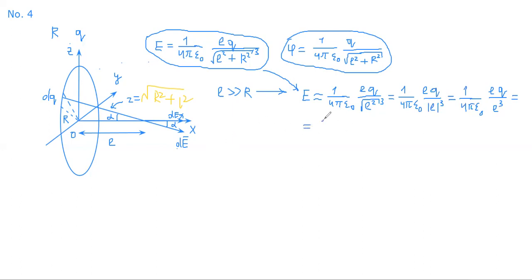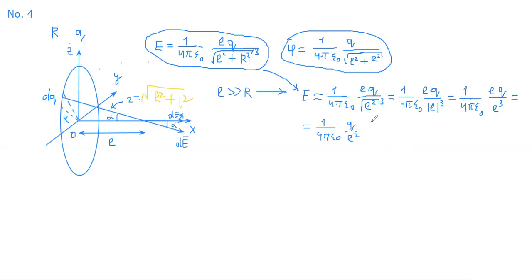And after simplifying, 1 divided by 4π epsilon 0, Q divided by L to the power of 2.